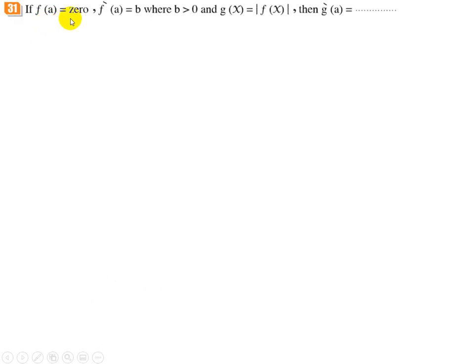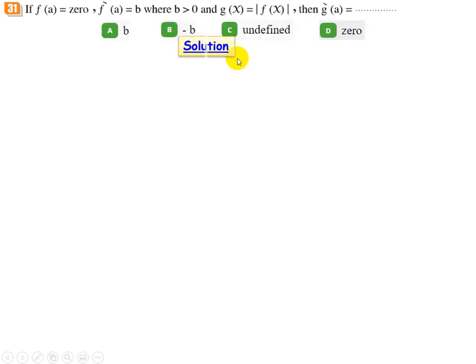Question 31. If f of a equals 0, f dash a equals b, where b is bigger than 0, g(x) equals absolute value of f(x), then g dash a. You have that f of a equals 0 and f dash a equals b. Therefore, this function has a derivative, which means differentiable at a. So f dash a positive equals f dash a negative equals b.